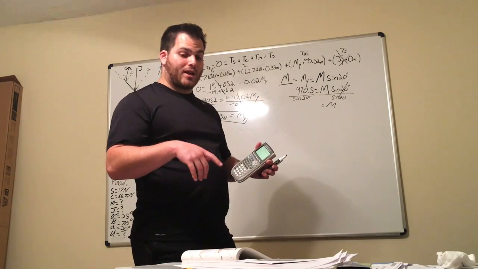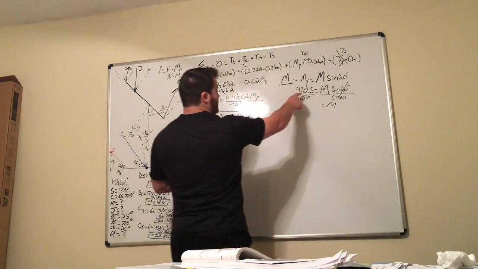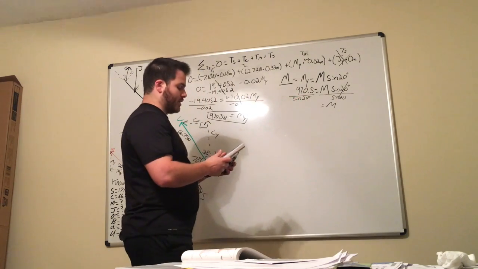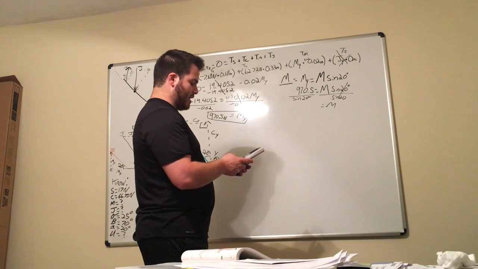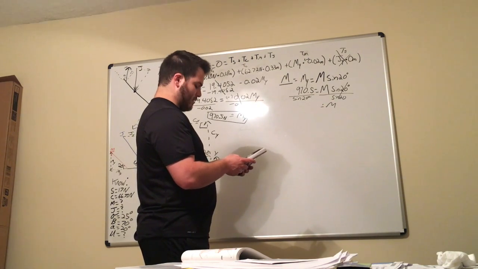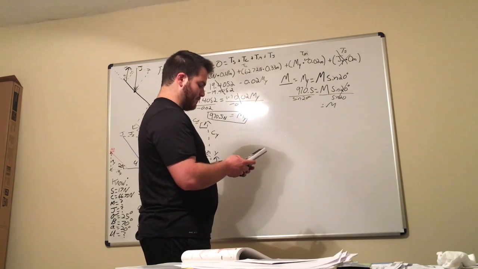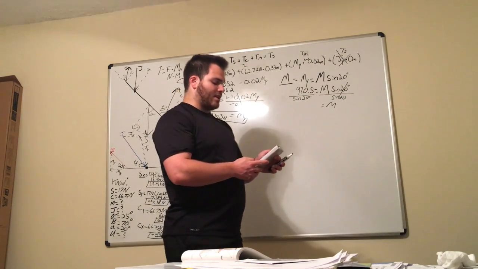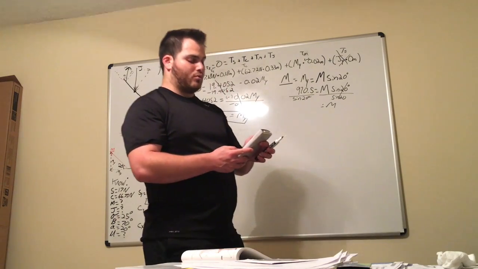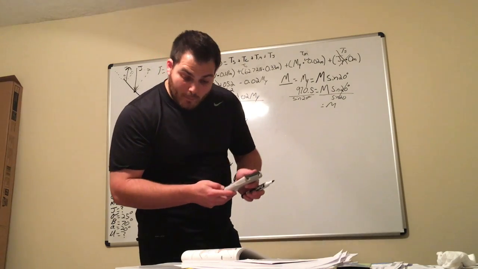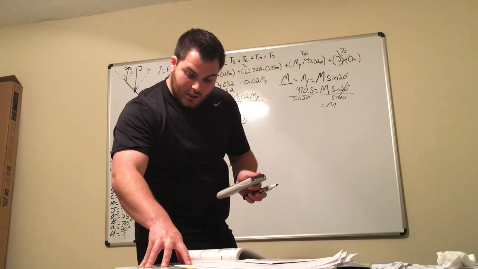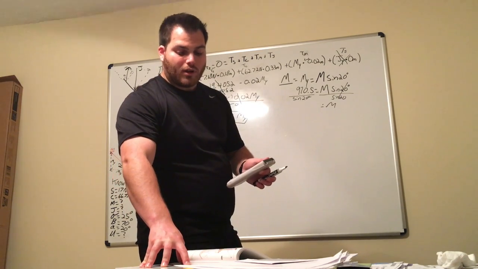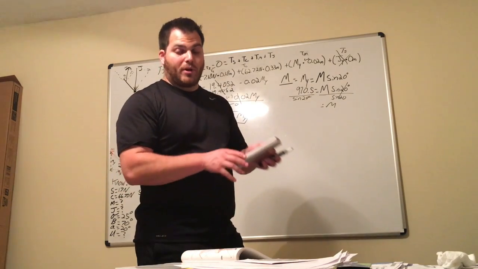So if you did it correctly, if you did 970.5 divided by the sine of 20 degrees, you should get 2,837.55217. The book, however, says 2,854.41. I'm just going to go with the book, but that's why.